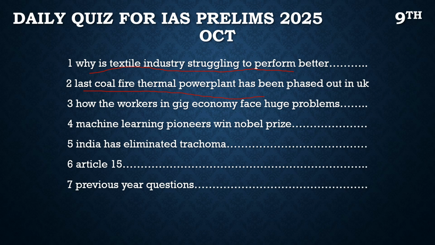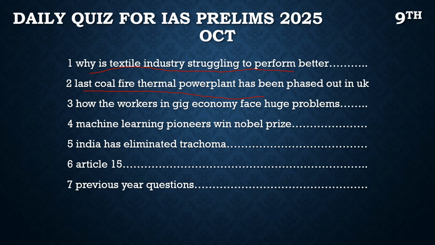Now, the developed world is saying that developing countries who are using coal-fired power plants should also follow the UK trend and phase out these coal thermal power plants. But according to the author, this is not a very good suggestion to the developing countries, because the approach has been different.